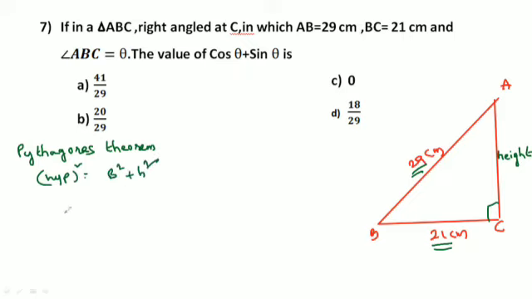Got it? But we need the height, children, so base square goes to this side. Height square is equal to hypotenuse whole square minus base square. Got it? Now, height square is equal to, taking the root here, hypotenuse whole square minus base square. Got it? Yes, sir. So children, see, then what do you get here?